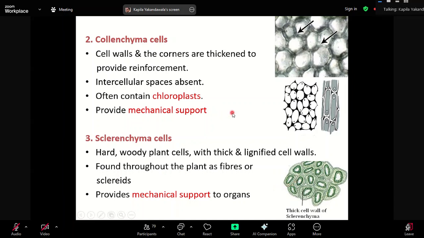So the parenchyma cell wall is not deposited with any material. Collenchyma, only corners of the cell walls are deposited. Sclerenchyma, all the parts are deposited with lignin. So the function is mechanical support. They are not physiologically active.